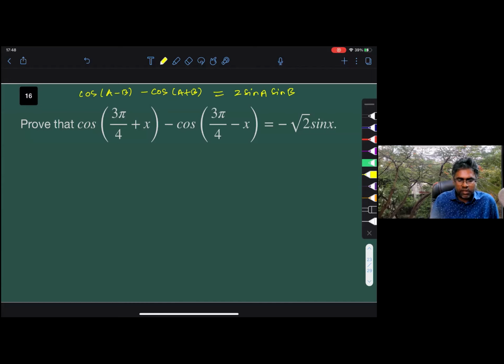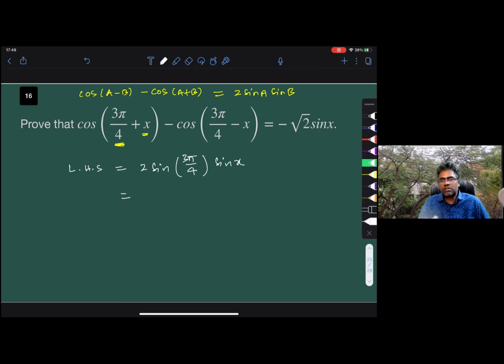A is your 3 pi by 4 and B is your X. So then the left hand side, I can write it as 2 sine A, that's 3 pi by 4, and then sine B, which is sine X. And then 3 pi by 4 is 145 degrees.